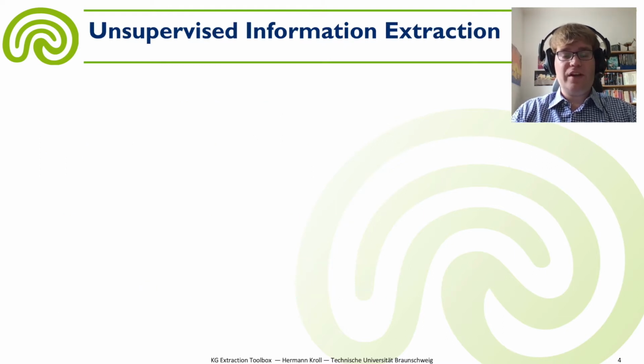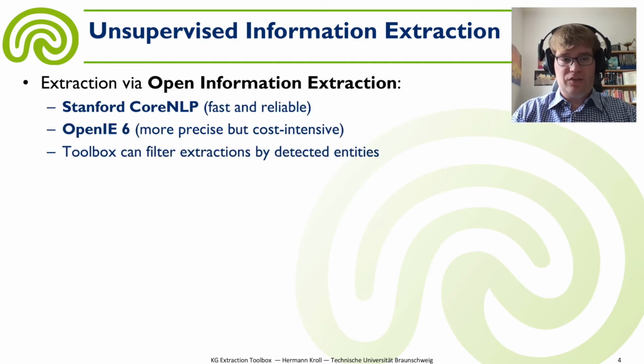Going to the information extraction step, we completely rely on unsupervised information extraction. On the one hand, we support the extraction of statements via open information extraction tools. Therefore, we integrated support for the Stanford CoreNLP suite. It's a bit older but very fast and reliable, and one of the latest neural open information extraction tools, OpenIE6. It's more precise but very cost intensive because you need a good GPU to perform the extractions.